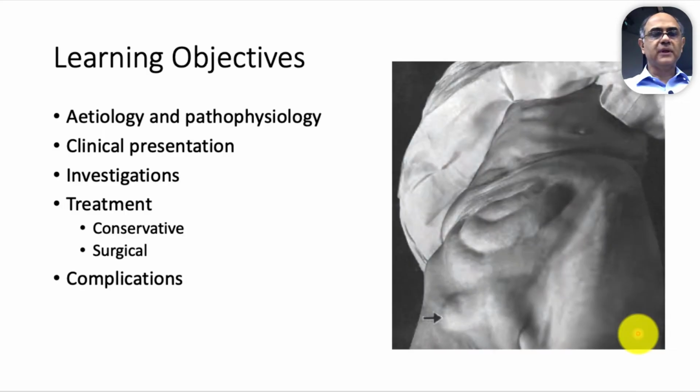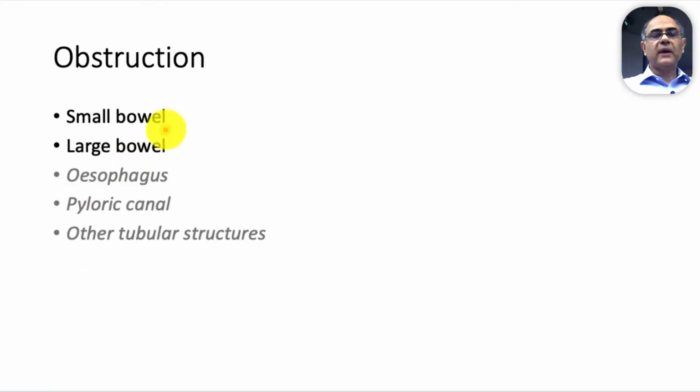So we will be discussing the pathophysiology, how the patient presents, how you would investigate to confirm the diagnosis, how you would treat the patient, and what complications we should be aware of. When we talk about intestinal obstruction, we are dealing with small bowel and large bowel.